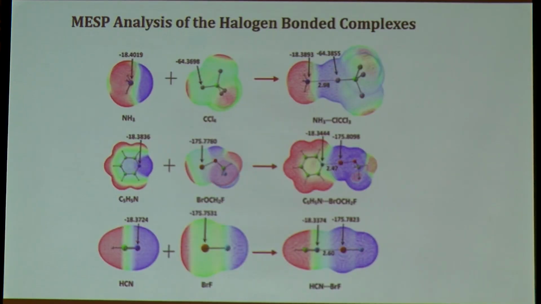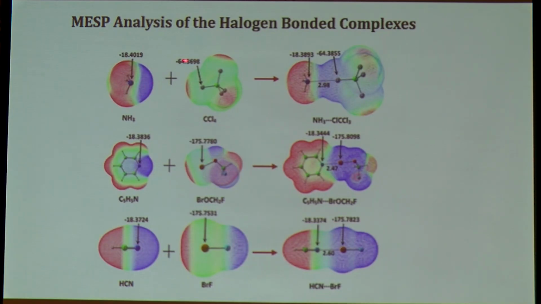Recently one of my students studied a large set of halogen bonded complexes to verify this kind of feature. For instance, in the ammonia CCl4 complex, it is pretty obvious that this donates, so it becomes less negative, and this becomes more negative. In this kind of isosurface plot also you can see it.